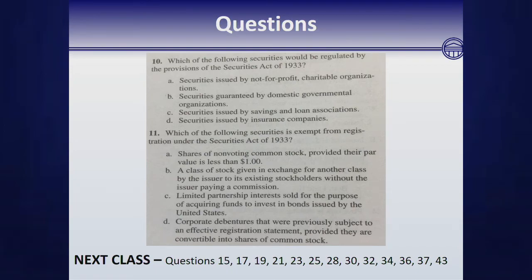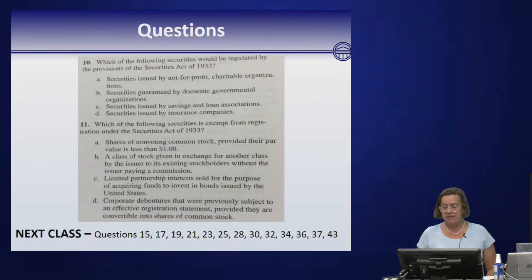And so your choices are securities issued by nonprofit charitable organizations, no. Securities guaranteed by domestic governmental organizations, and the answer is no. Securities issued by savings and loan associations, and the answer there is no also. And then lastly, securities issued by insurance companies, and that is your answer. Insurance companies, yes, they are subject to this act.